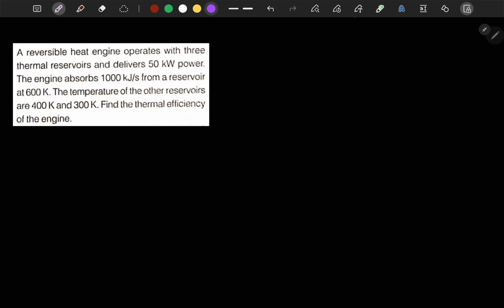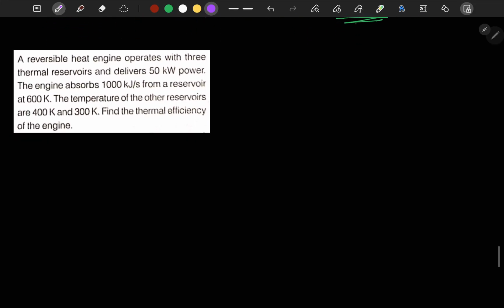So we can start by drawing a diagram for this engine. Let's say that the thermal reservoir at 600 Kelvin provides heat at 1000 kilowatt to the engine, and this engine further interacts with and operates with 3 thermal reservoirs.